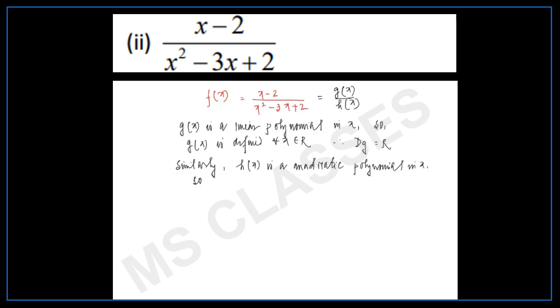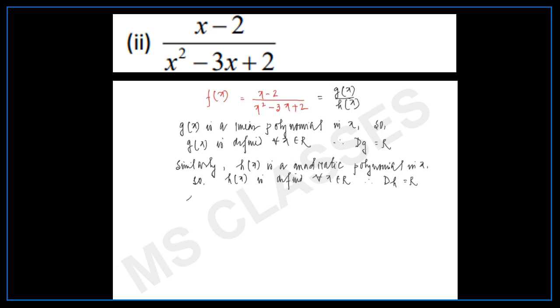So h(x) is defined for all x belongs to R. Therefore, domain of h is R.